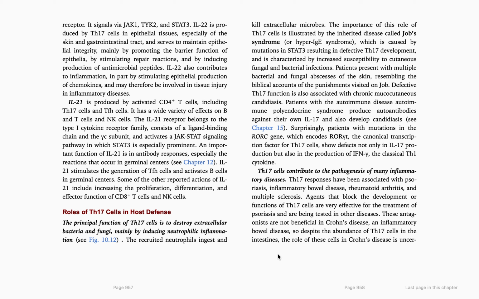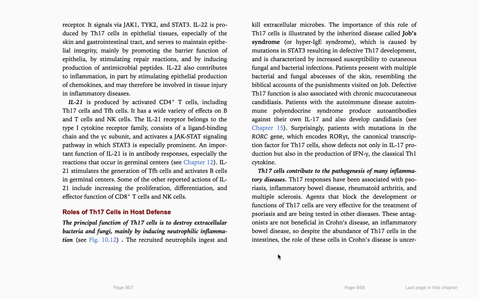Interleukin 21 is produced by activated CD4 T cells, including T helper 17 cells and T follicular helper cells. It has a wide variety of effects on B and T cells and natural killer cells. The interleukin 21 receptor belongs to the type 1 cytokine receptor family, consists of a ligand binding chain and the common gamma chain subunit, and activates the JAK-STAT signaling pathway, in which STAT3 is especially prominent.